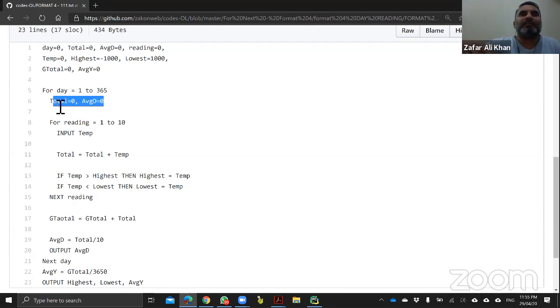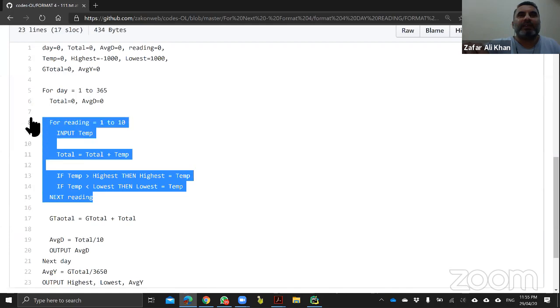I will discuss these two initializations after some time. And then input temperature. Total is equal to total plus temperature. If temperature is highest and lowest is checked. So this is the inner loop. If you look at it, it is seen like simple format 1. So you can say that format 4, or nested for next, is actually wrapping the format 1 inside it.